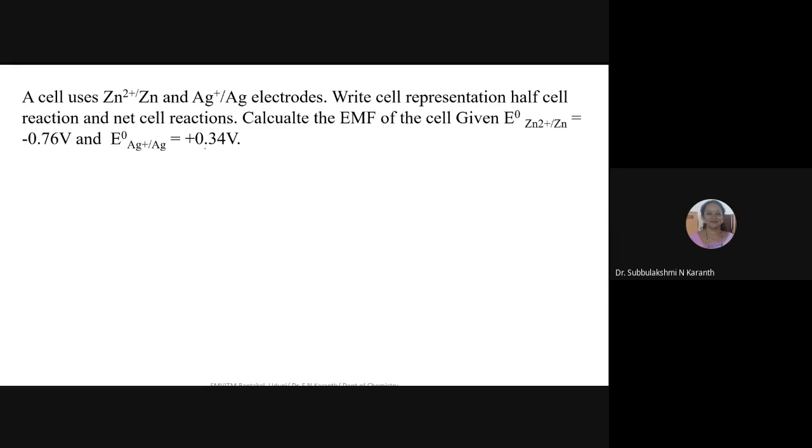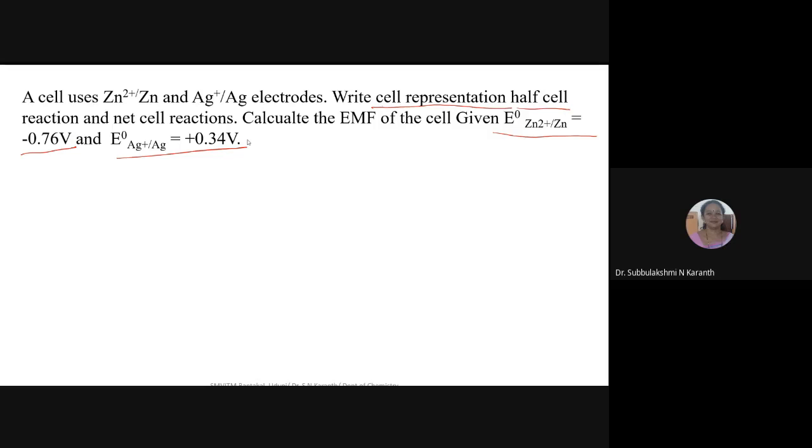Here they have asked not only to calculate E cell, you have to write the cell representation, half cell reaction and net cell reaction. First, you have to find among the two electrodes which one acts as anode and which as cathode. E naught Zn2+ | Zn is minus 0.76 and the silver electrode potential is 0.34 volt.